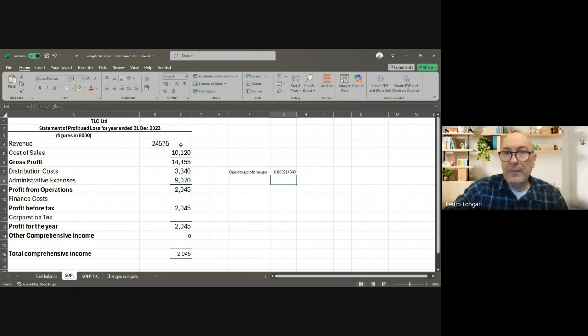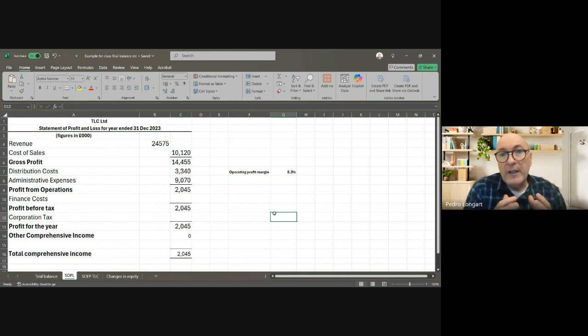In this case, if I click on percentage here and add 1 decimal point here, then I will have 8.3%. Is it good? Is it bad? Depends on the industry, depends on the year, okay? And then you have to benchmark yourself against other companies. Now, but this is the profit from the operations.